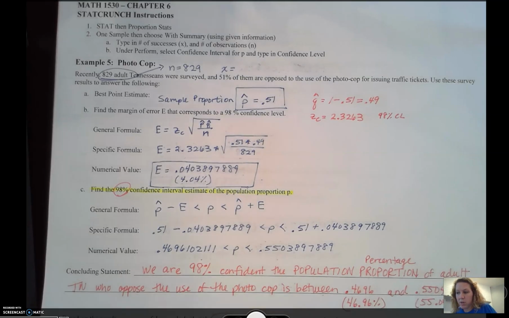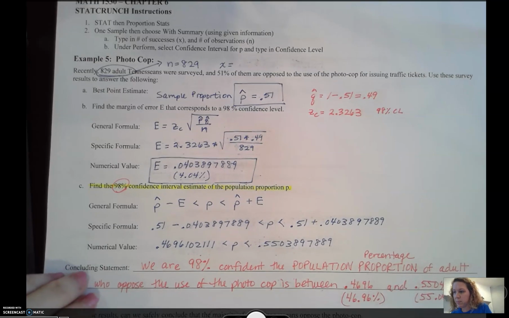So remember, it predicts a range of values the population proportion would be in.